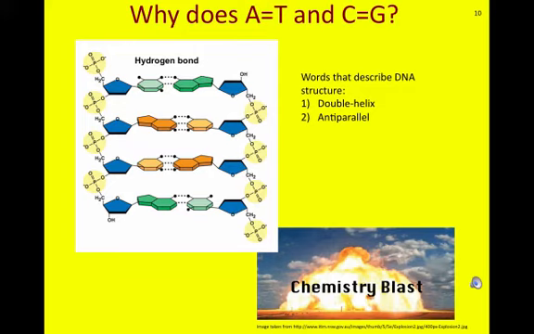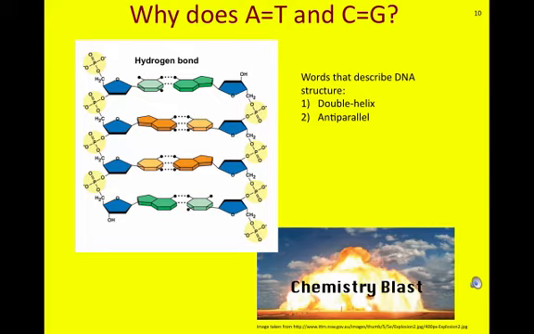Now, as you can see, not so clearly in this picture, adenine and thymine create two hydrogen bonds with each other, versus cytosine and guanine make three hydrogen bonds with each other, and thus A and T must always bind together, and C and G are always bound together. If you have anything else, it doesn't make a great bonding pair, and the DNA will not be very stable.